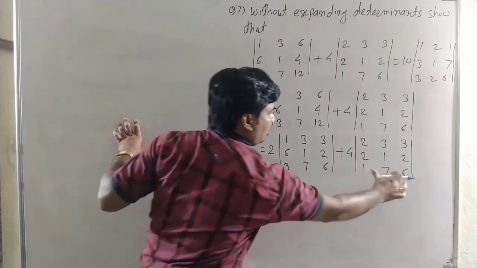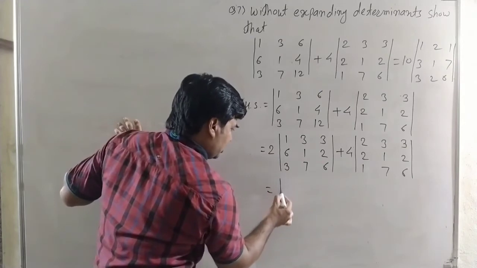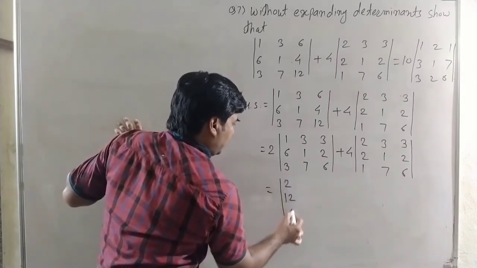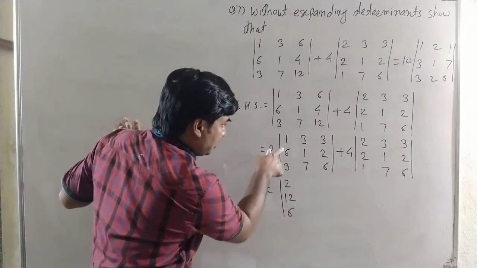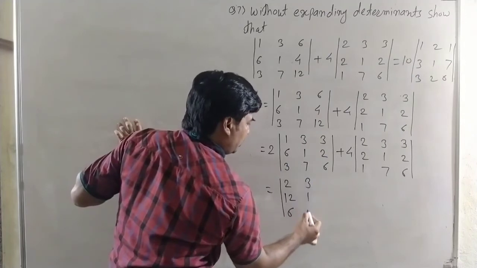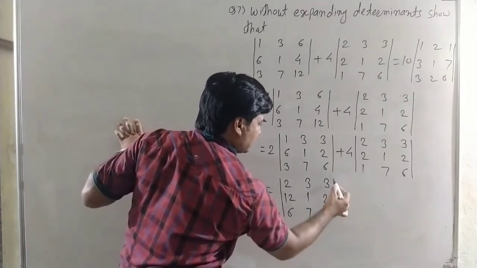See carefully, it is 2, 12 and 6, we multiply by these two, 2, 12 and 6, okay, 3, 1 and 7, 3, 2 and 6 as it is.